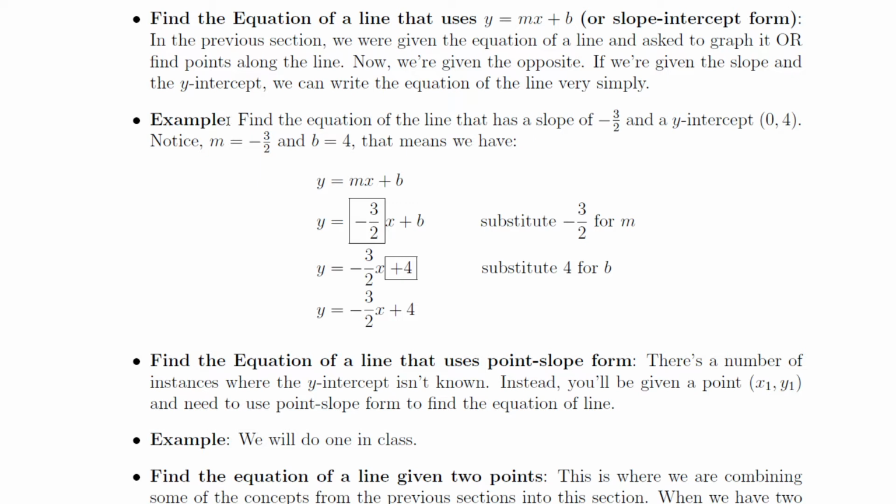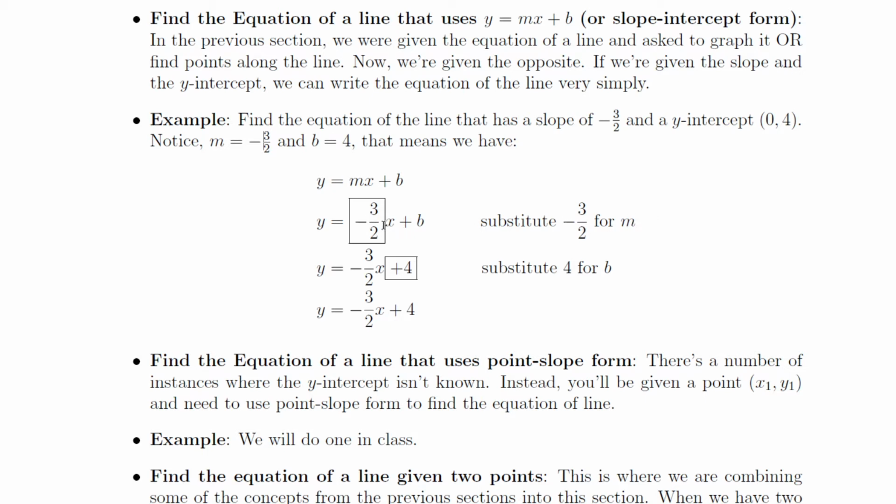One of the examples in the book that you come across are equations of a line that has a slope and they give you the y-intercept. And really all you have to do is take your specific values and just substitute them in. So y is equal to mx plus b. We take the m, which is the letter that we use for our slope, and we substitute it in. So first we substitute minus 3/2 in for m.